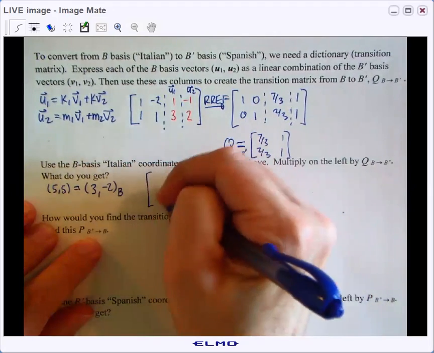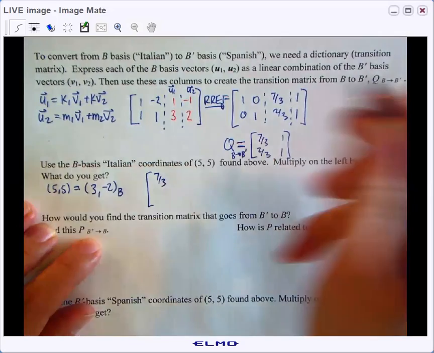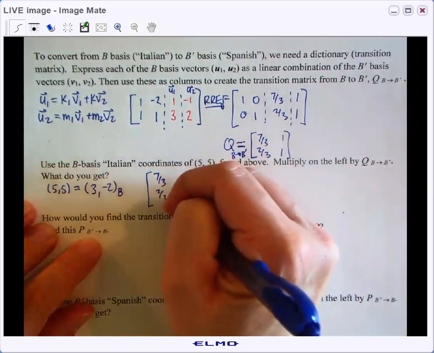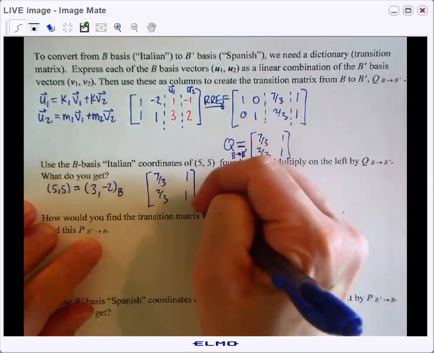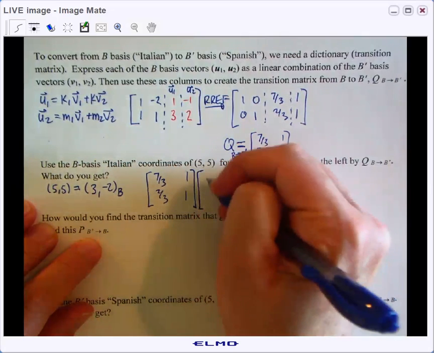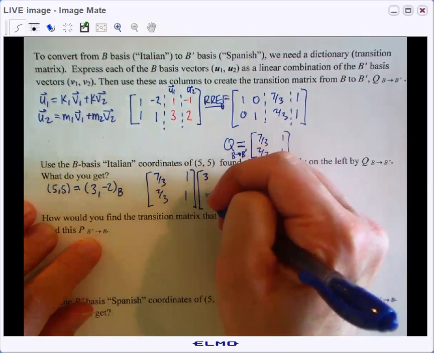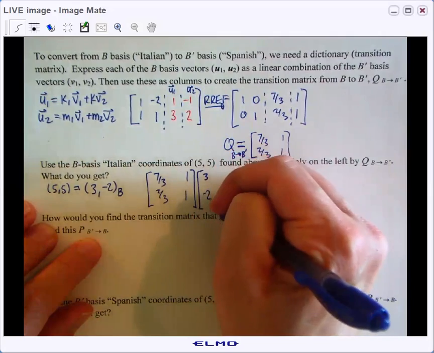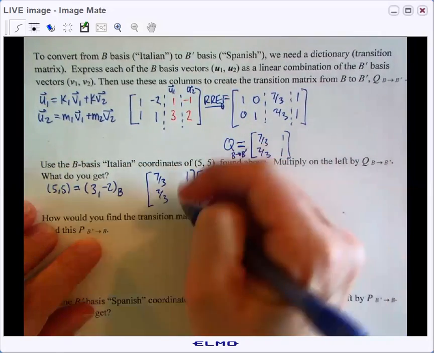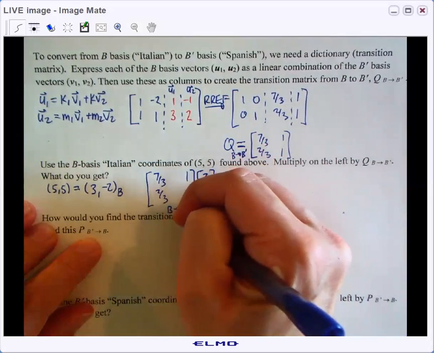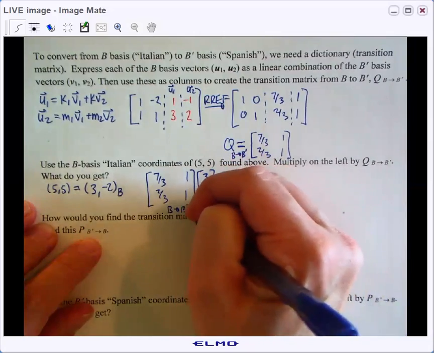And let's go ahead and multiply 7/3, 1, 2/3, 1 onto this 3, -2. Notice that this transition matrix takes us from B to B prime.